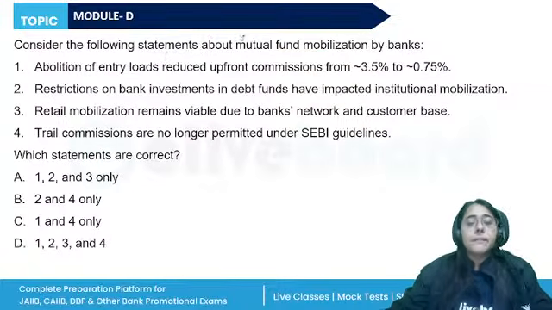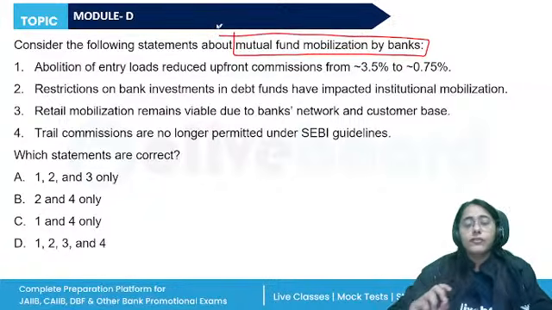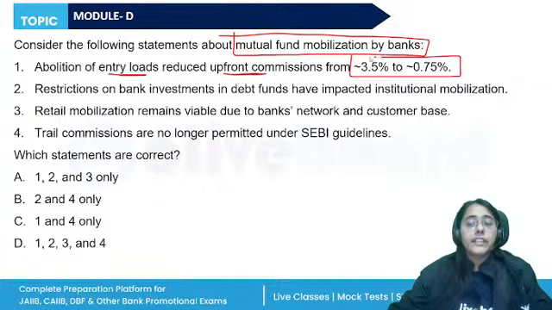Consider the following statements about mutual fund mobilization by banks. So, questions from the last unit. When mutual fund business is carried out by banks, which of the following statements are correct? Abolition of entry loads reduced upfront commission from 3.5% to 0.75%.